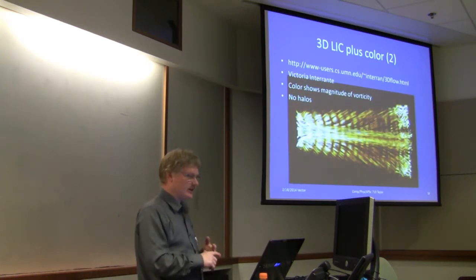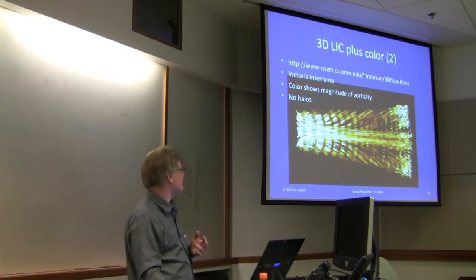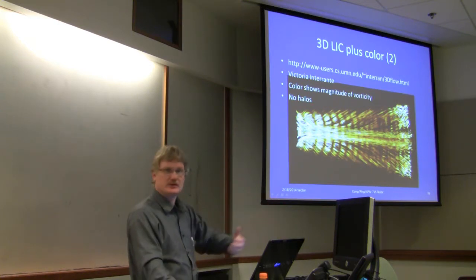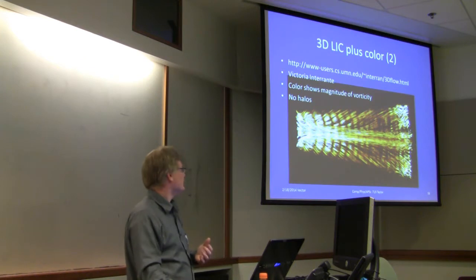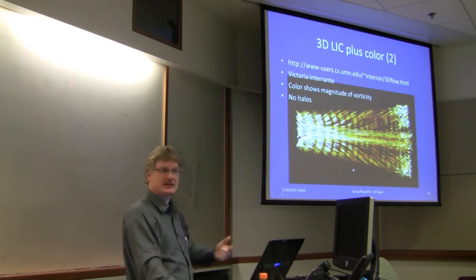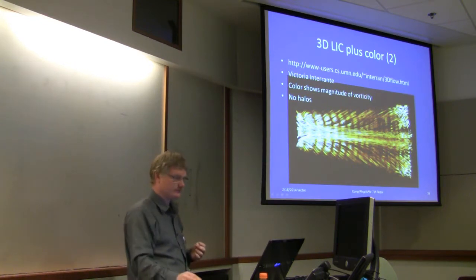This color is showing the magnitude of vorticity, and this is very interesting because it shows a really interesting kind of shock wave pattern, repeated shock waves going down through the flow that you wouldn't have seen necessarily without this additional color channel. It's a very strong pattern in the flow.